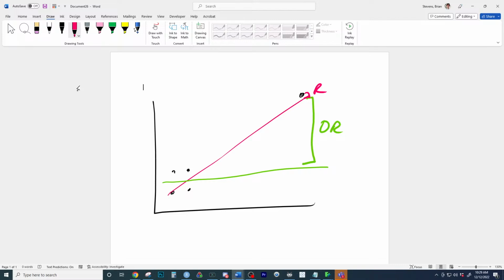The residual is how much we miss by, but a deleted residual means we delete that point. So why do we call it a deleted residual? We delete that point from the model, and then we redraw it.